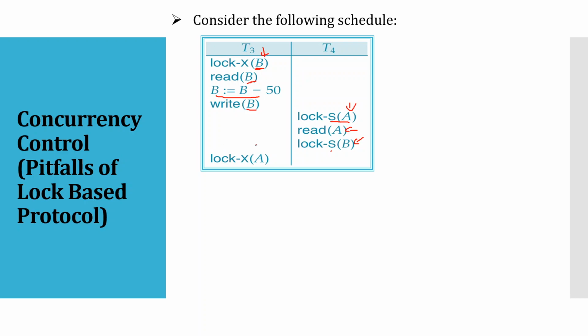And here again T3 is trying to get an exclusive lock on data item A. So using this scenario, what can you say?